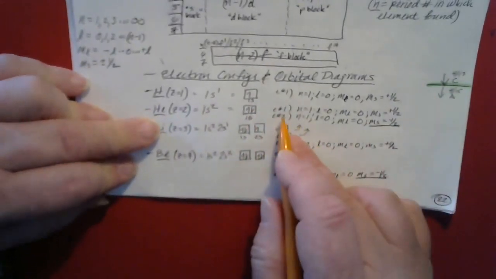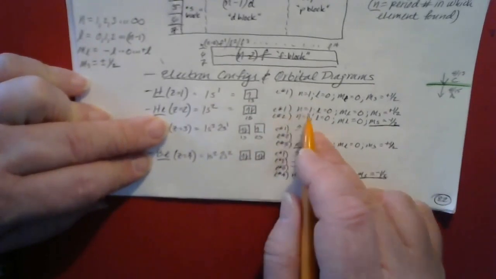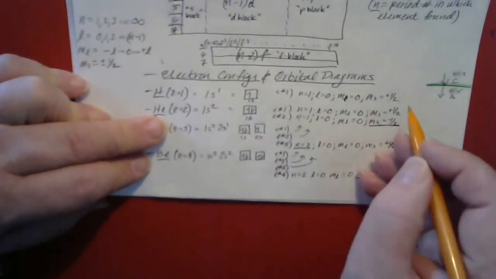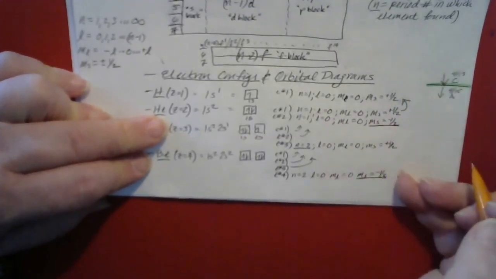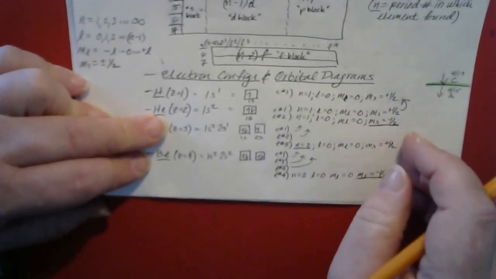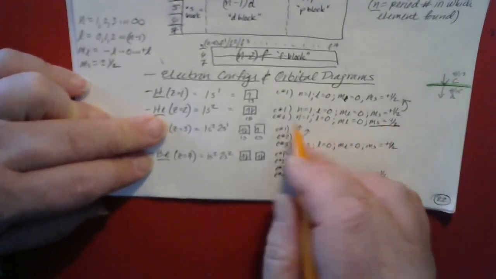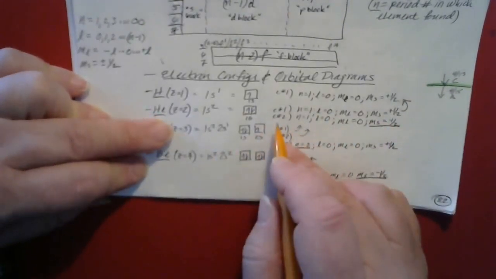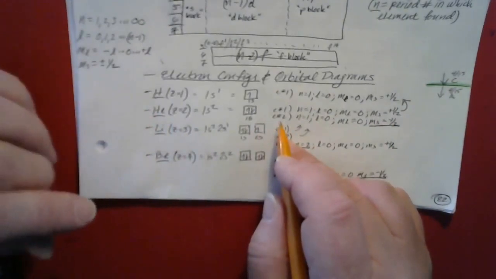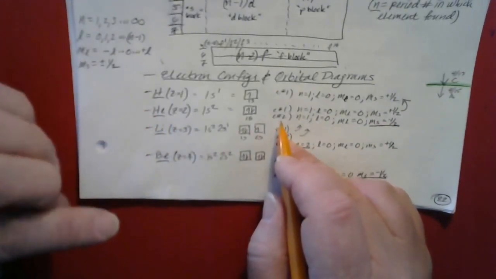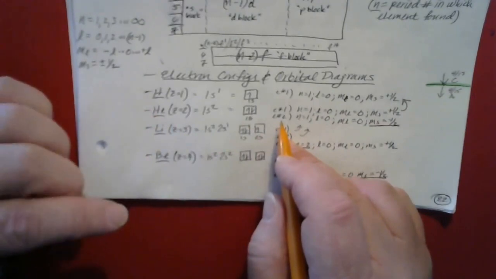And then electron number 1 for helium would have the same quantum numbers as the electron for hydrogen, because to us it is the same electron. It's the same one that was already there. And the one we're really concerned about would be the one that we added. What would be the quantum numbers for the one that we just added?